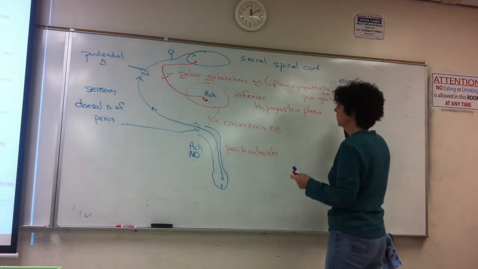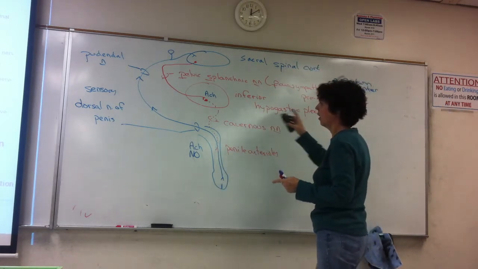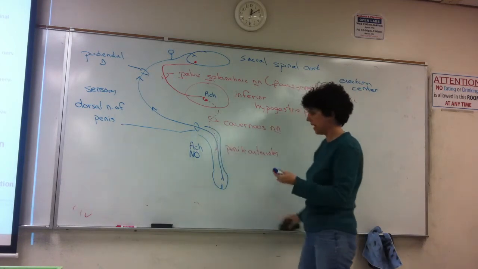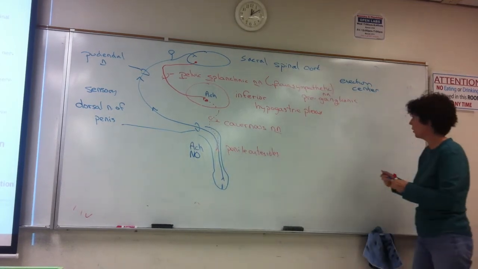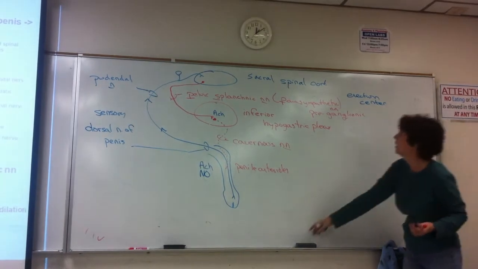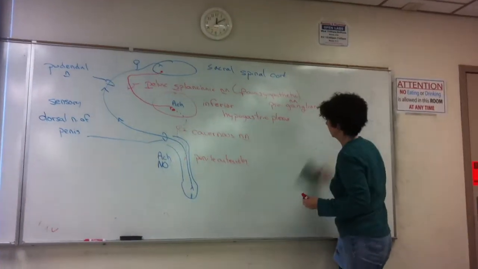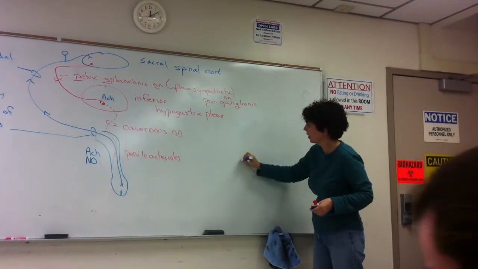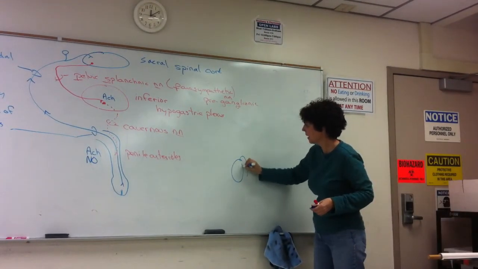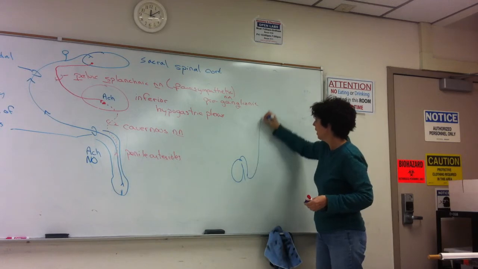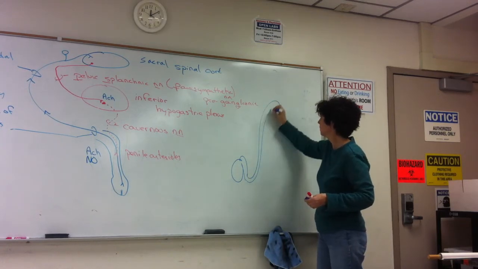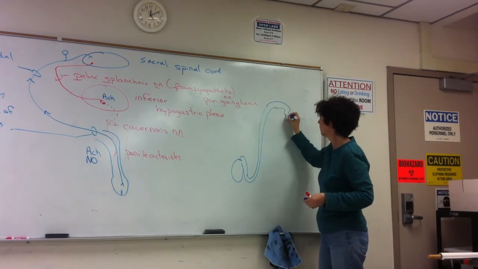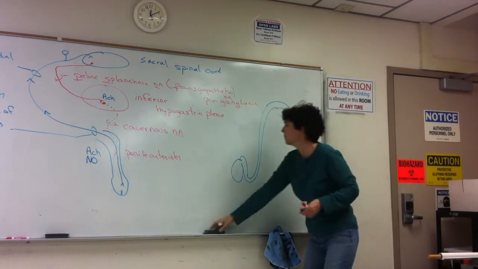All right. So we're looking at, instead of the penis, we're looking at the structure of, let's see how much I can put over here. So we have the testes, the epididymis, vas deferens, and seminal vesicle.